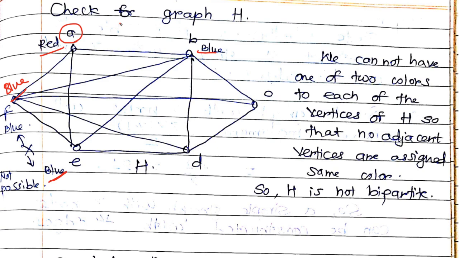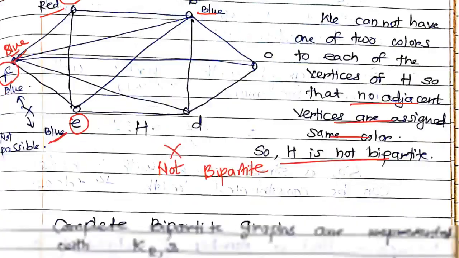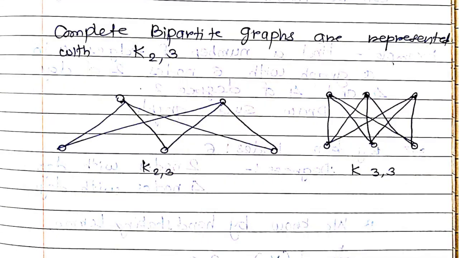But here this condition is not valid, because vertex F and vertex E are neighbors, and they should not get the same color. This condition is violated. No adjacent vertices may be assigned the same color, so this graph is not a bipartite graph. We have checked that this graph is not bipartite.